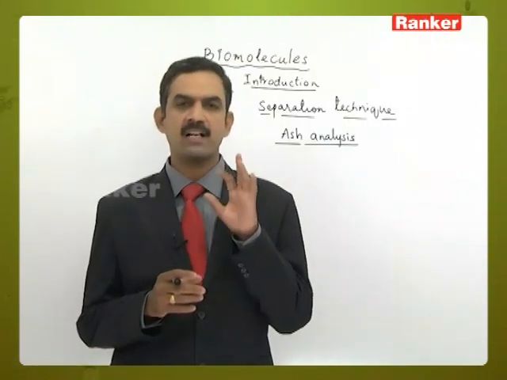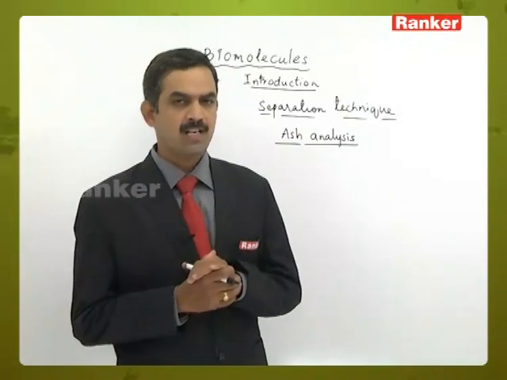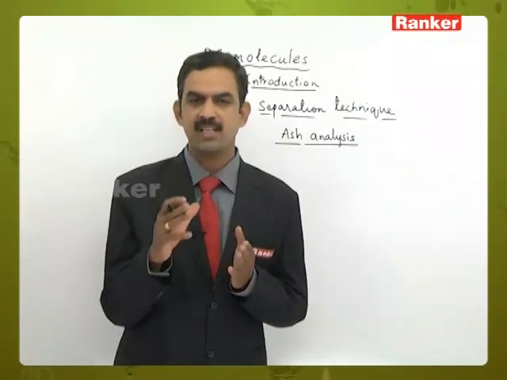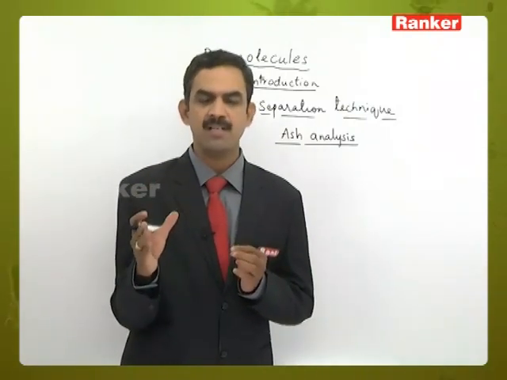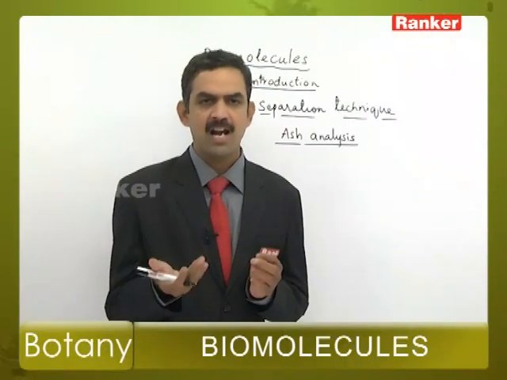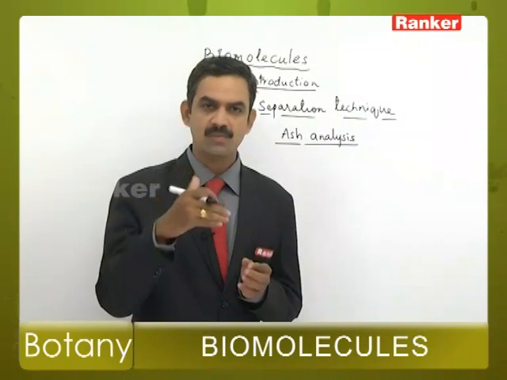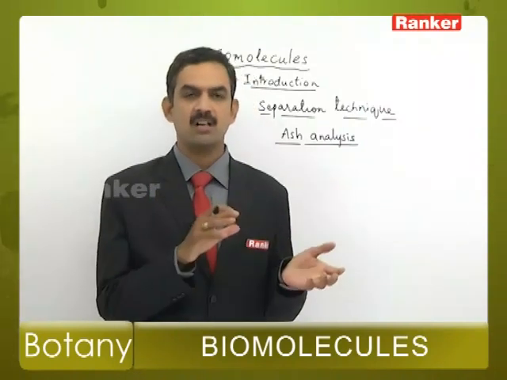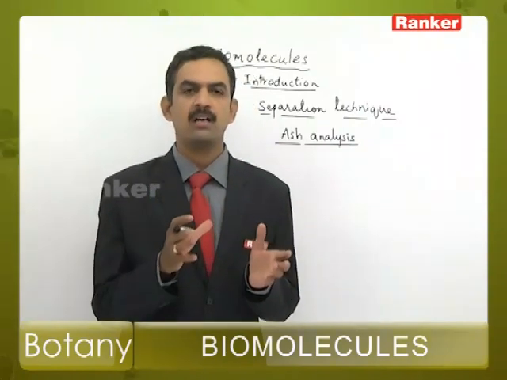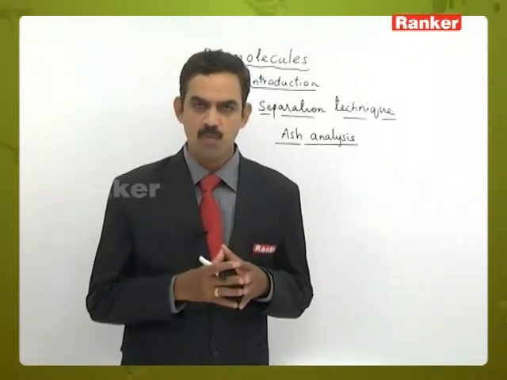So those are considered to be the biomolecules, but it is not compulsory that always they should contain only these three elements. Sometimes they may also contain additional elements, sometimes they may not contain some of these elements. It is not a particular type of element that has to be present in a biomolecule.